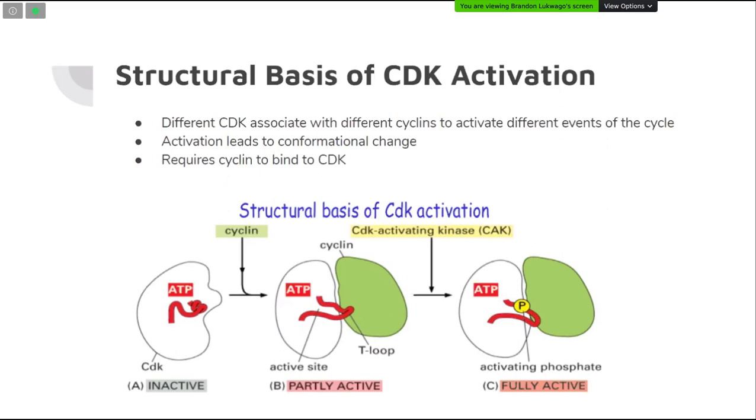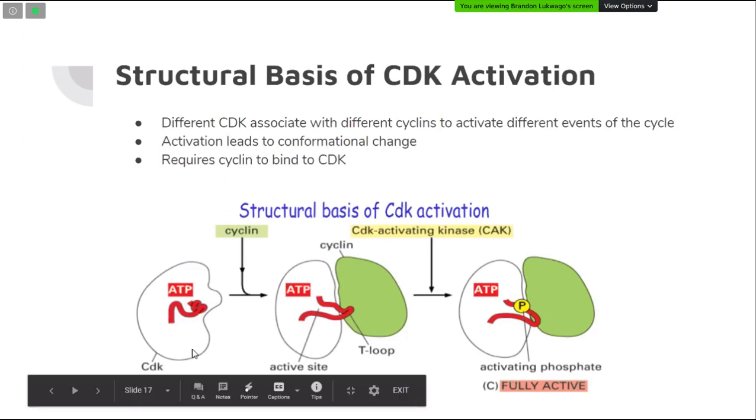So in the absence of cyclin, CDK remains inactive because the ATP active site is hidden. And then in the presence of cyclin, there is a conformational change in its shape that allows the ATP active site to be exposed. But it's only partially active.